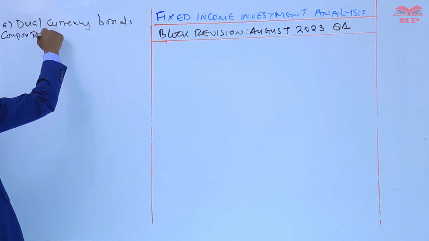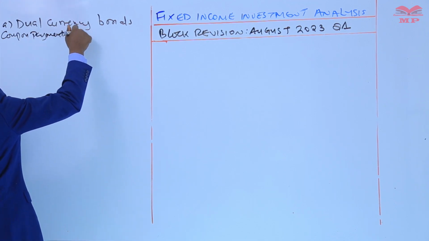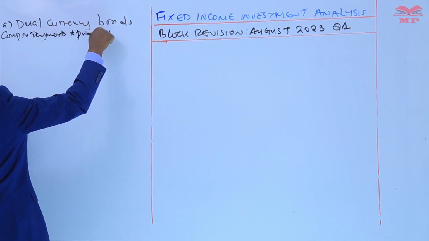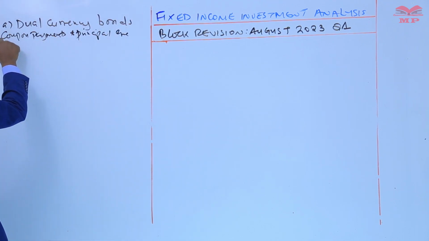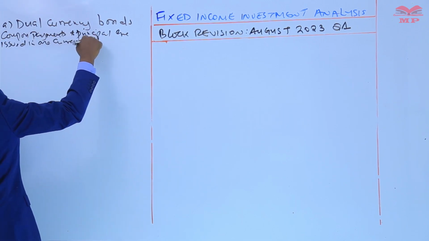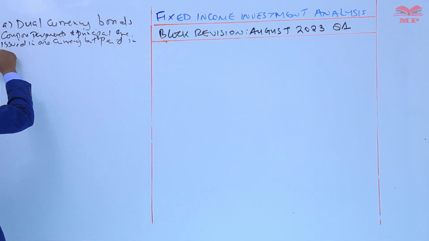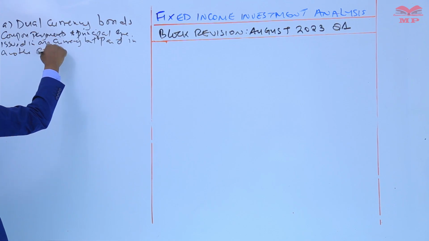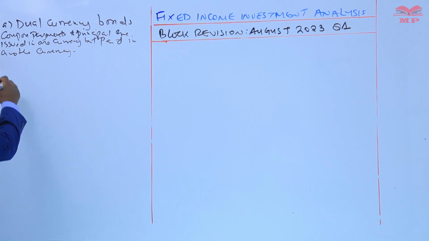Coupon payments and principal are issued in one currency but paid in another currency at a predetermined exchange rate. That is a dual currency bond.